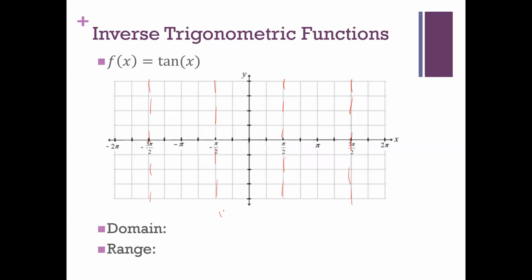And in between, these get arbitrarily small or arbitrarily large, depending on where you are. So first of all, what's the range on the tangent function? Yeah, it's every real number. And we're going to keep this centered around an angle of 0. What's a good domain here?